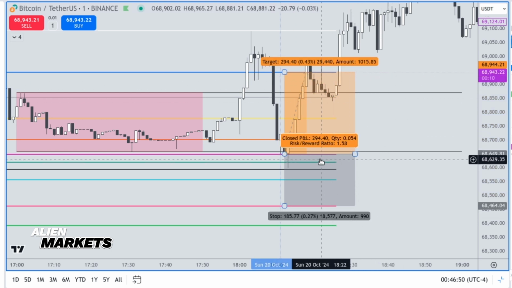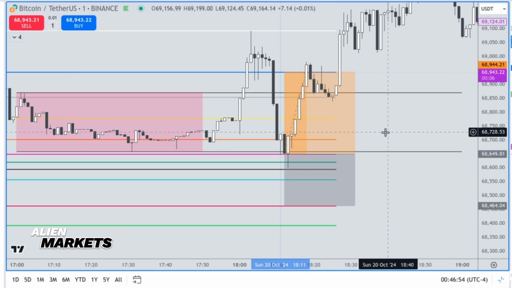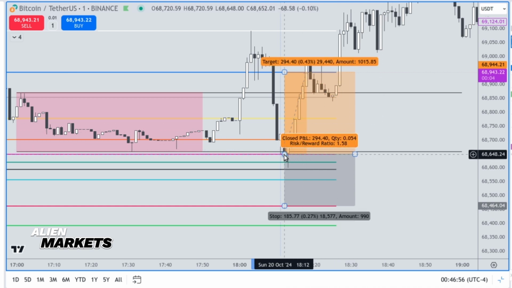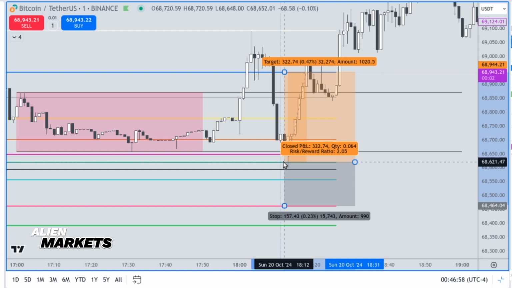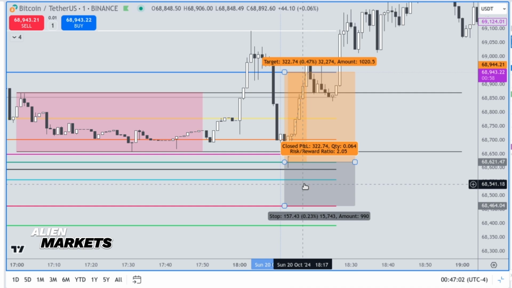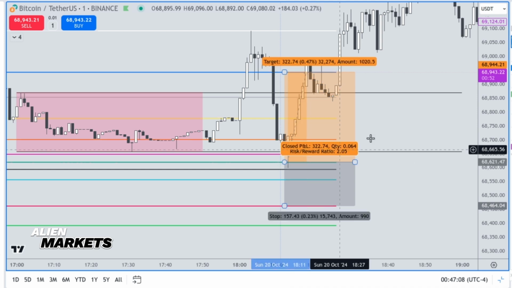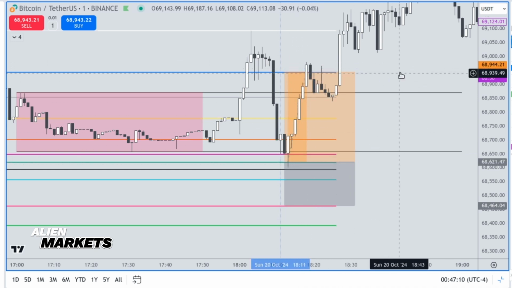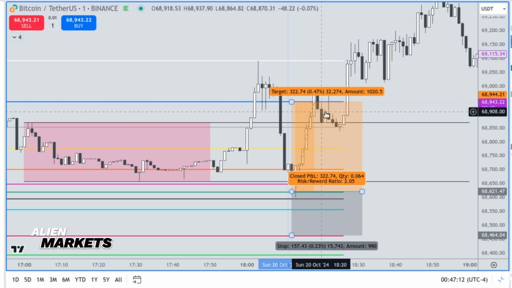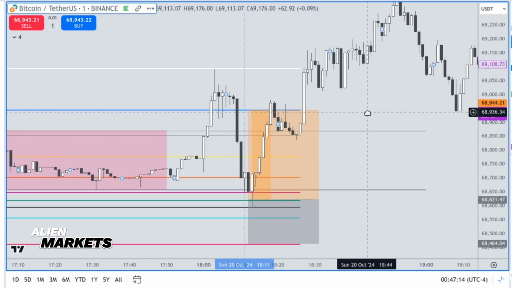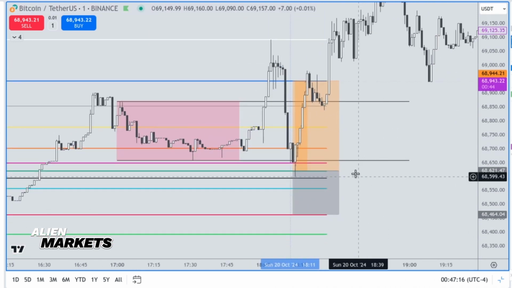And you have a 1.58 risk to reward, right? If you use my model, it gives fewer trades because not every trade reaches this 75% retracement level. We could have taken this trade also right here, but let's assume that you didn't see that.